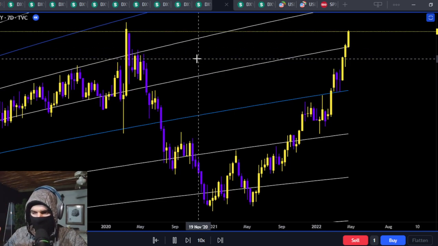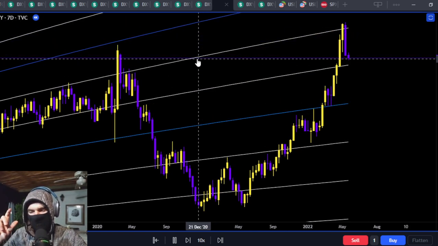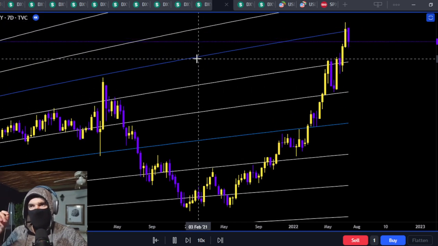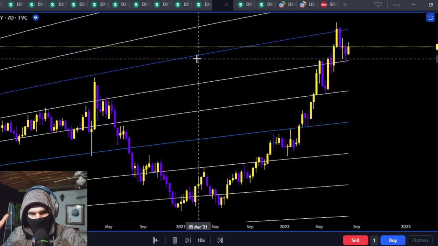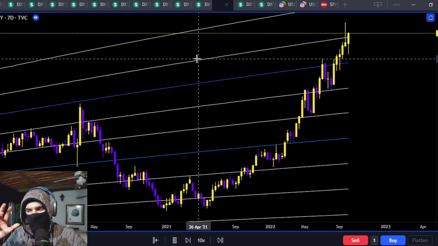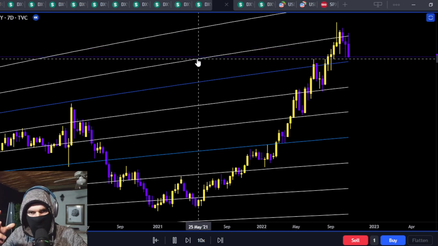Now, the reason for this is that as the S&P 500 rallies, because there's so much money involved in it, they're going to lock their liquidity into stocks.